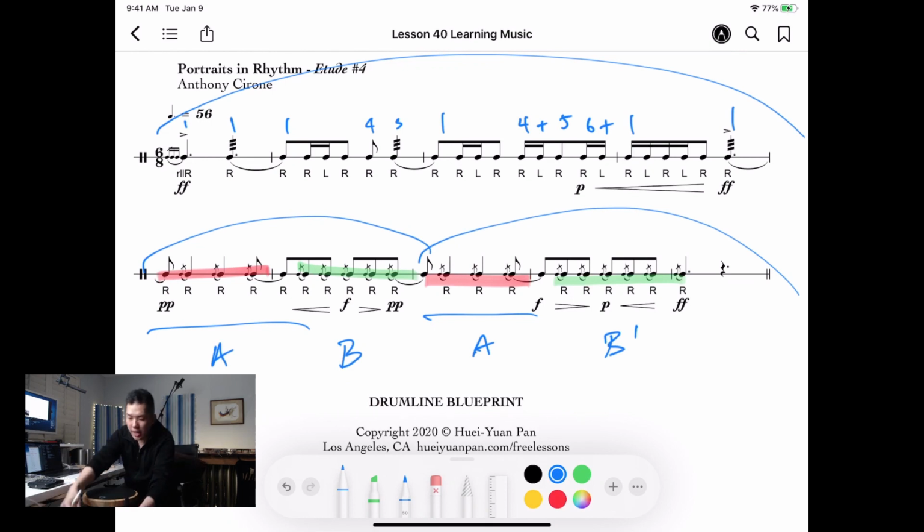So without looking at it now, I've already memorized the second line. Crescendo, then the opposite. Right. So that's a way of memorizing music.